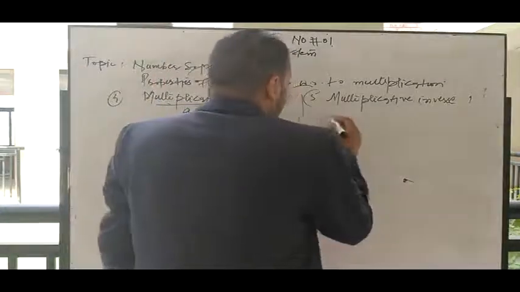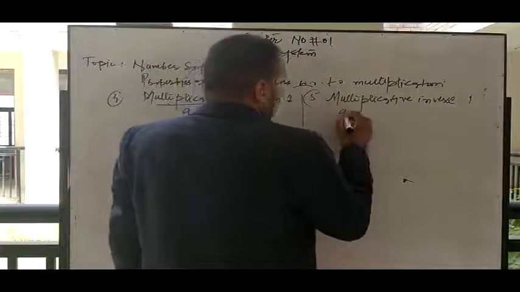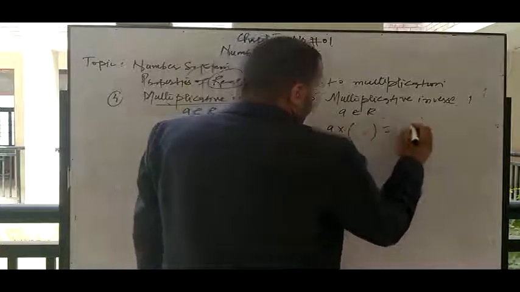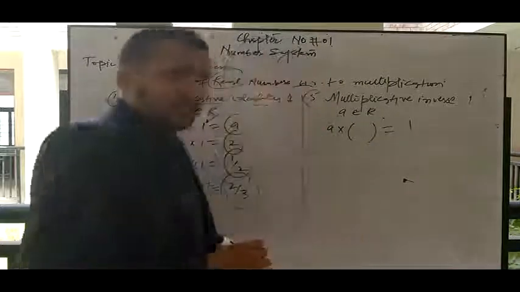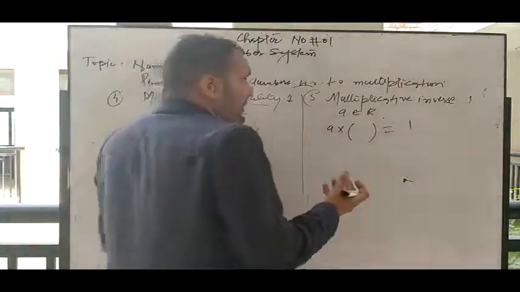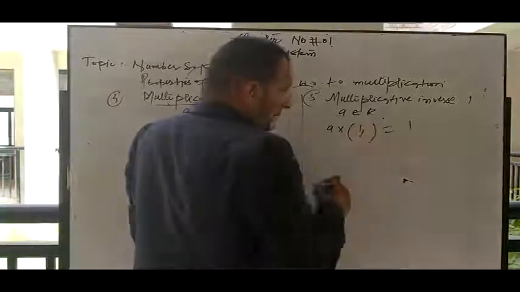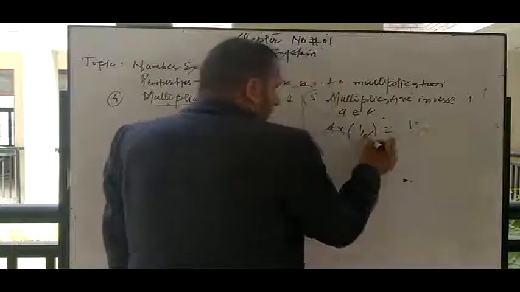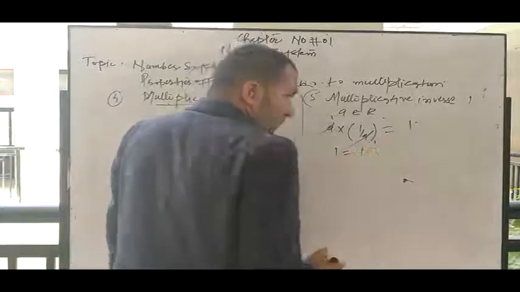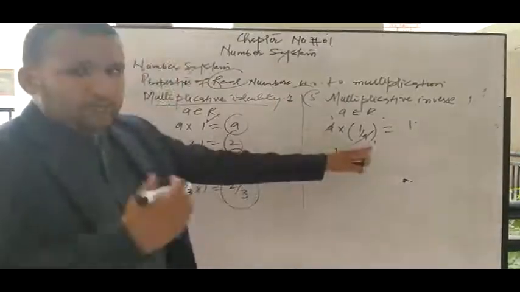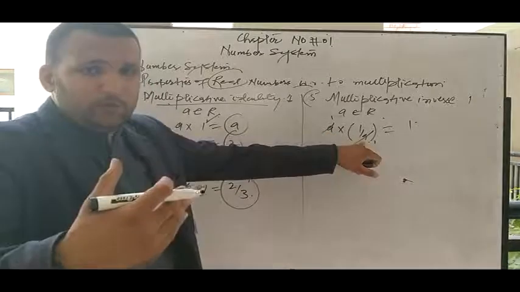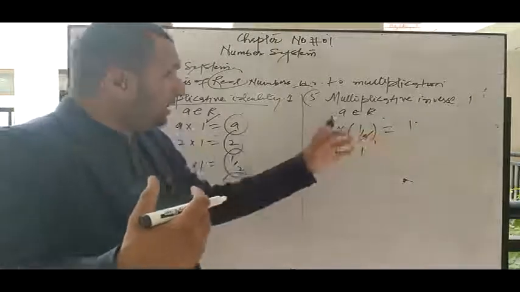Again this property is satisfied with only one value. A multiplied with any value, but the answer is 1. Let's say the inverse of multiplication is division, means a divided by a is equal to 1, means a multiplied by 1 upon a is equal to 1. Means if we divide both, the answer will be 1. Means multiplication with the numerator.